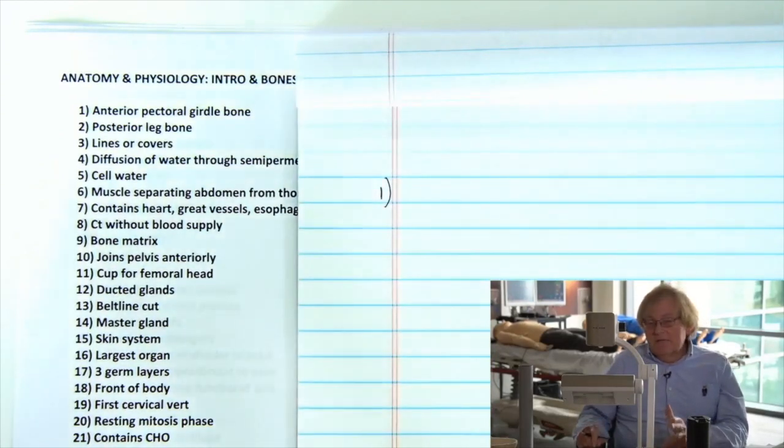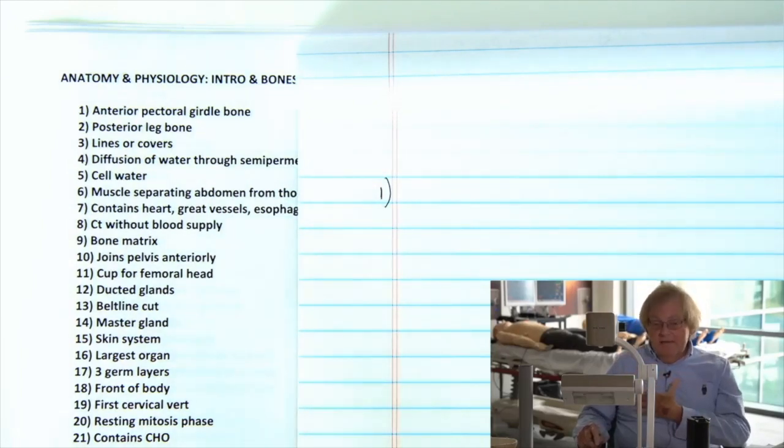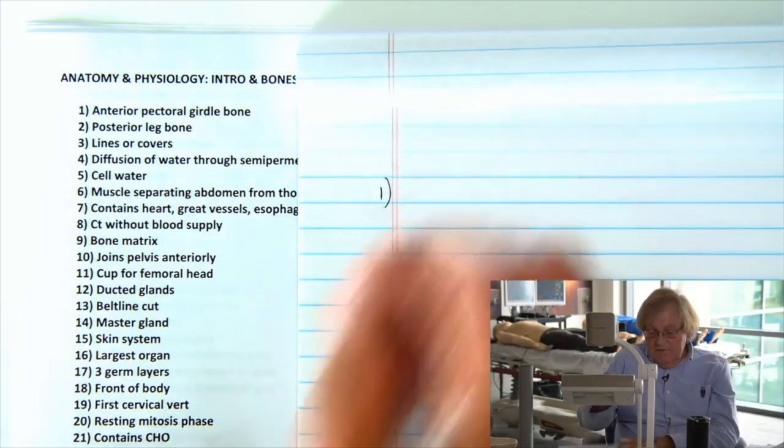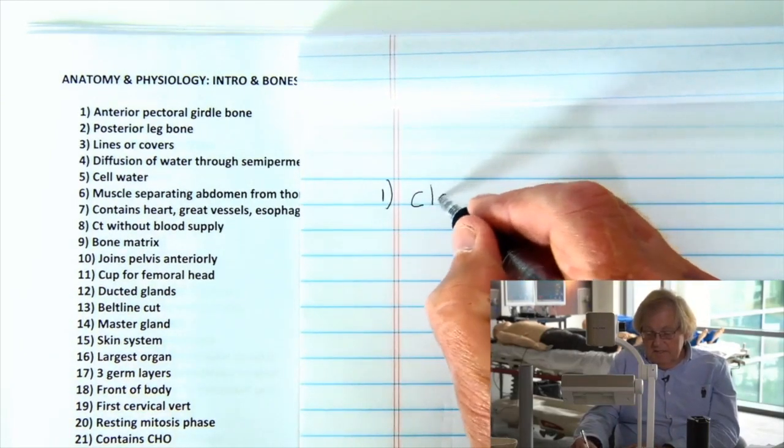The pectoral girdle is comprised of the clavicle and the scapula, and since the front of my body is the anterior, the bone that runs across my shoulder here is my clavicle. So the anterior pectoral girdle bone is the clavicle.